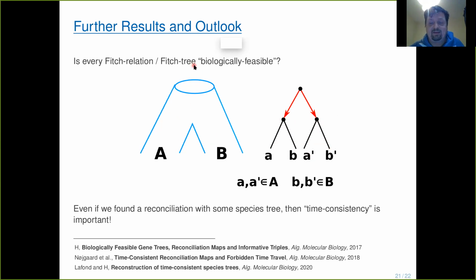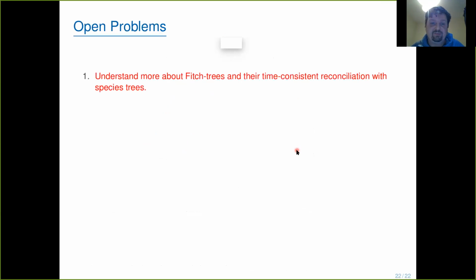But then transfer edges must be mapped incomparable into the species tree so that they can transfer material across distinct species. But this is not possible because all the transfer edges are then placed here. So this would not be biologically feasible, so to say. And the characterization of such biologically feasible Fitch trees is still open.